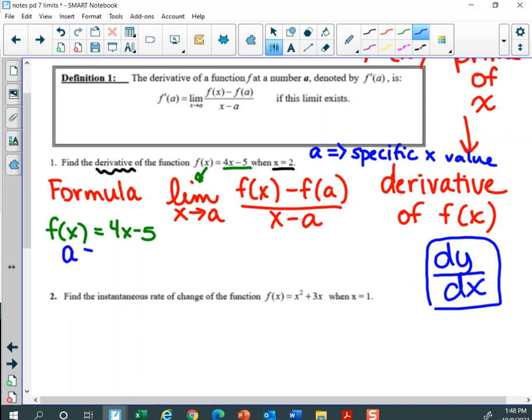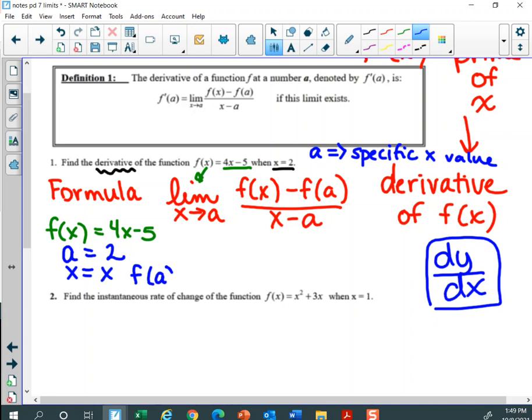So a is in fact the 2. X is just going to be x when we use this formula, always. In this particular problem, the a is 2 because a is the specific value of x that we're supposed to use.